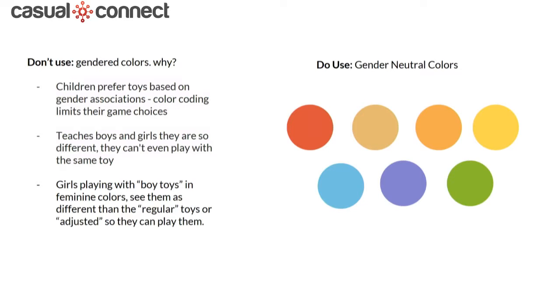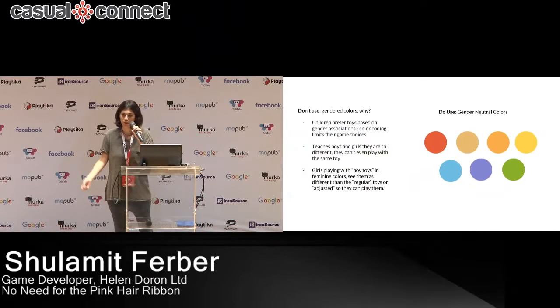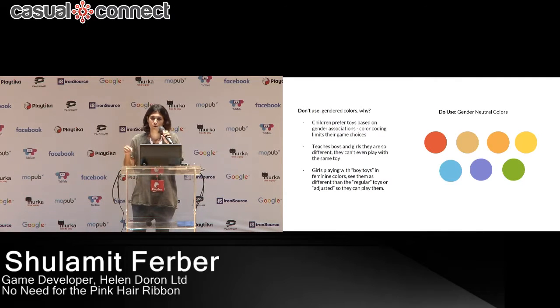First, children prefer toys based on gender associations. So again, if you have a gender-neutral toy and you just give kids to play it, they will play it. But if you give them one version which is blue and one which is pink, they will choose by their gender, because kids are small and it's very important to them to be like their gender. Boys don't want to be like girls. Girls don't want to be like boys.